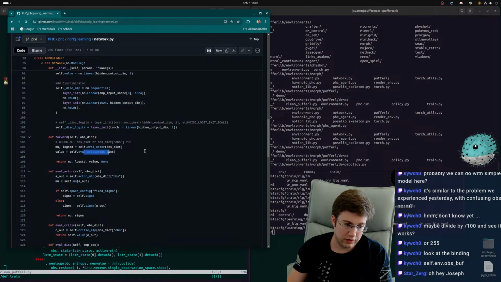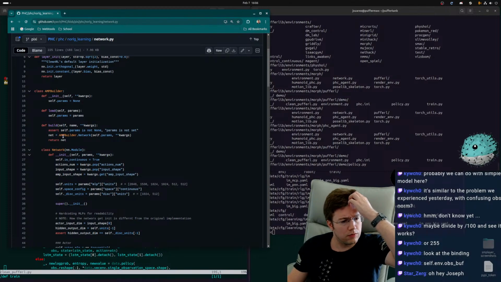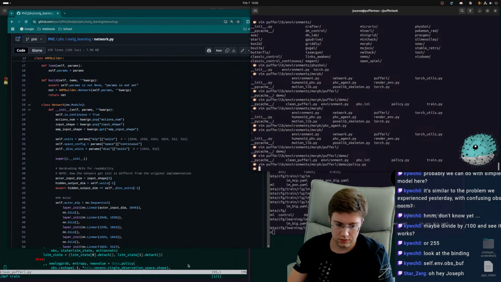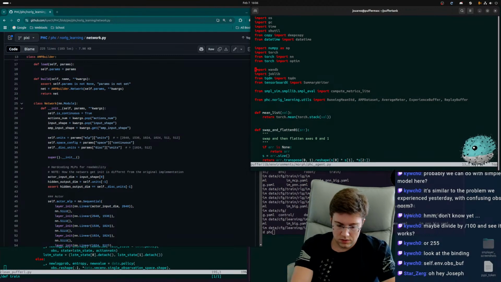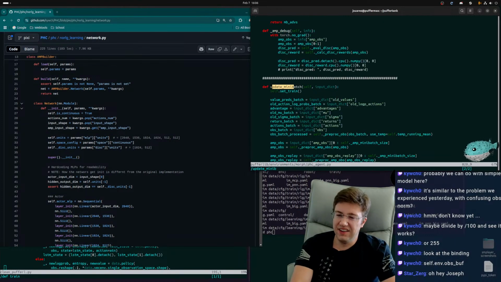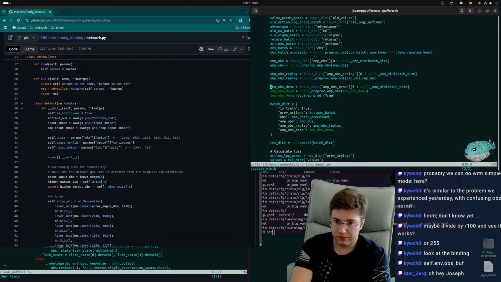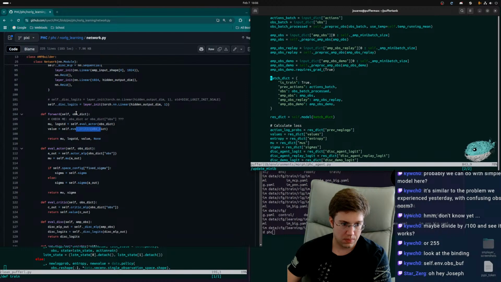Eval actor, eval critic, AMP builder, network, and return net. Wait, then what the hell, right? Because I just saw this. Look, you give it batch dict, takes a dictionary, doesn't it? Eval actor, eval critic, mu and sigma.